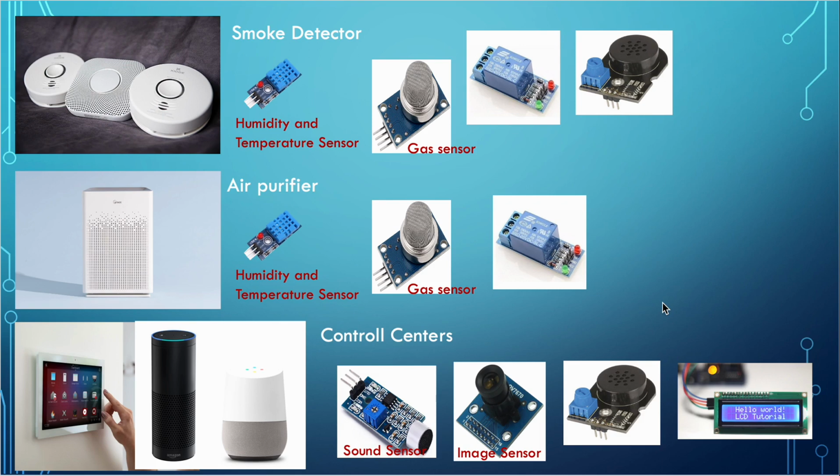And of course, traditionally all smoke alarms would have speakers with them to turn on, and also smoke alarms would have LED bulbs as well, which I haven't put over here, but another actuator that we can see is the LED bulb that would indicate that it has detected smoke, and the alarm would go off. So we need a speaker as well.